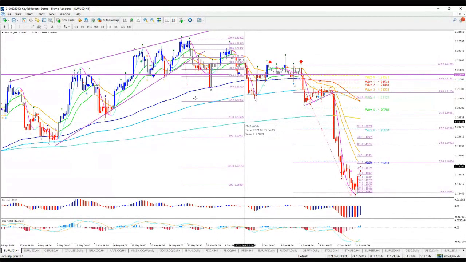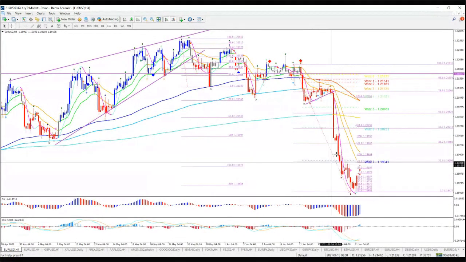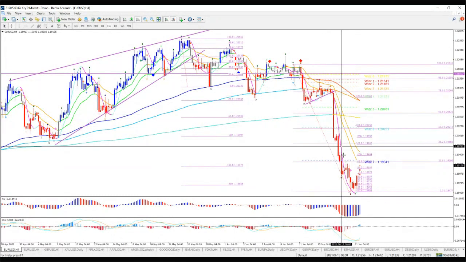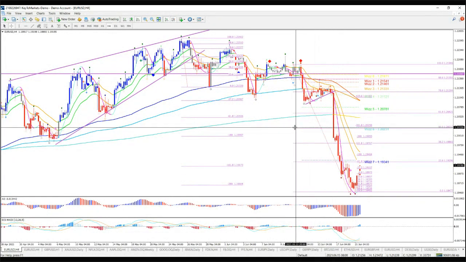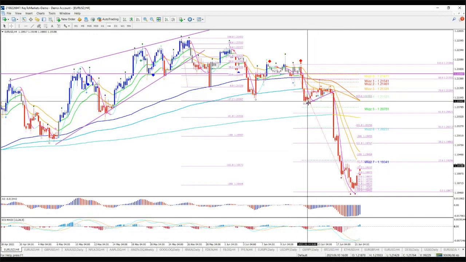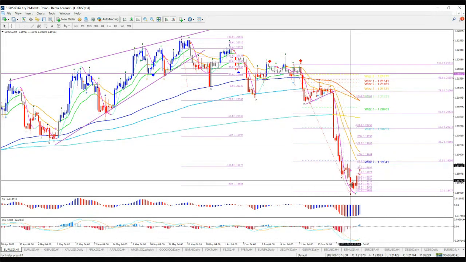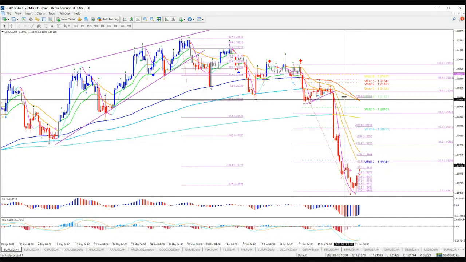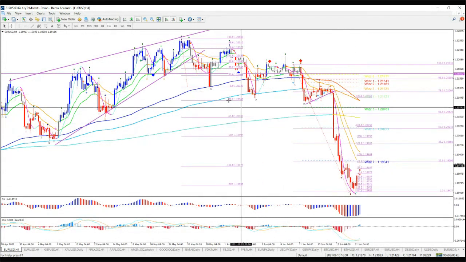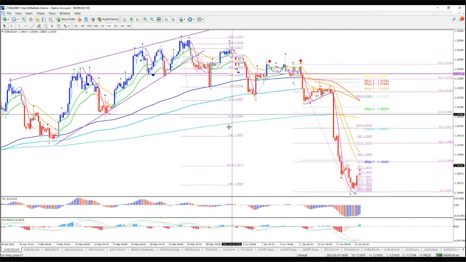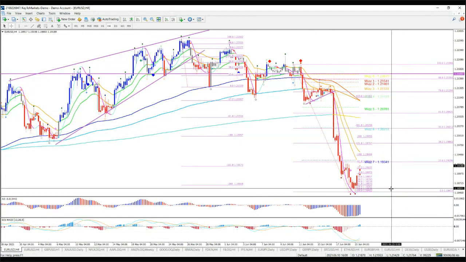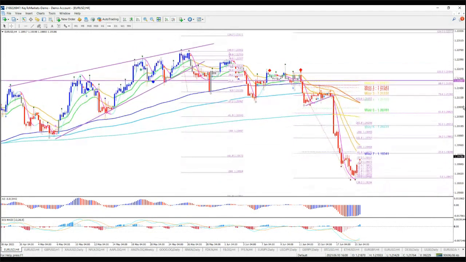The Wiz levels, of course, help us identify when we expect momentum. Price was already below Wiz 4 and moving all the way below these Wiz levels, indicating a lot of momentum here. So fibs, both the fib levels and the Wiz fibs, help identify when we might expect that momentum.